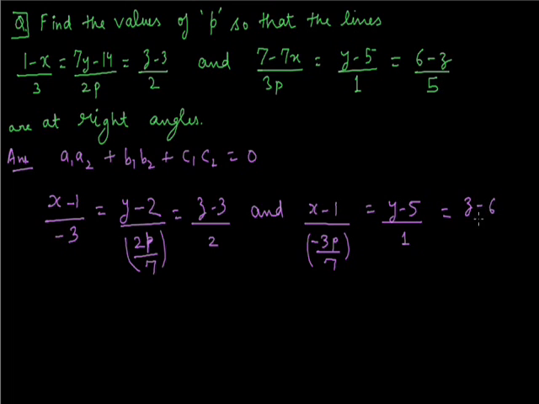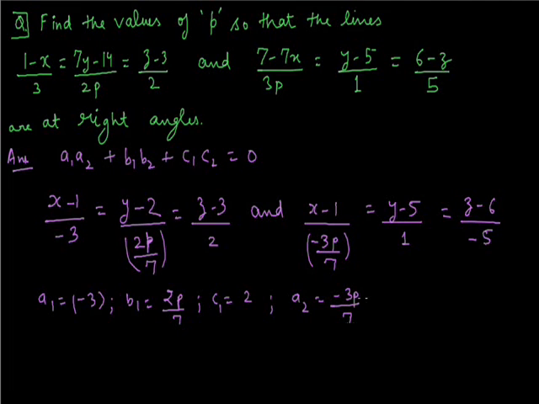So it will become (z minus 6) upon minus 5. Now we can say that a1 is equal to minus 3, b1 is equal to 2p by 7, c1 is equal to 2, a2 is equal to minus 3p by 7, b2 is equal to 1, and c2 is equal to minus 5.